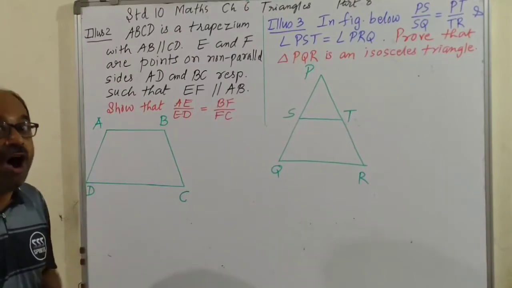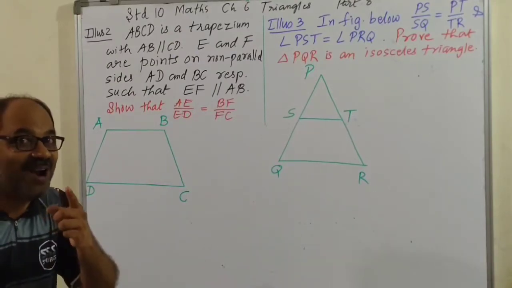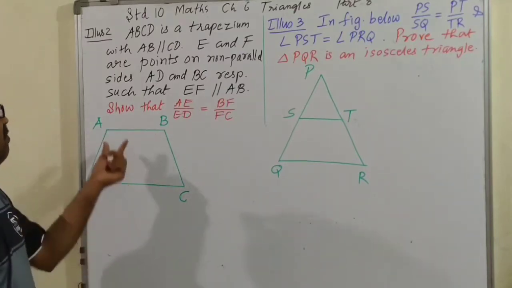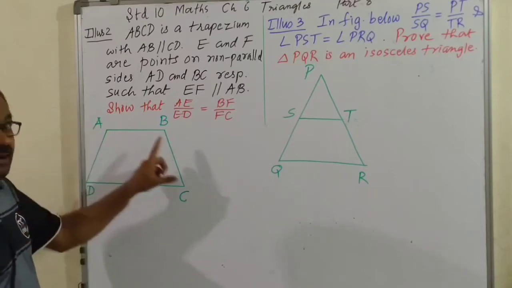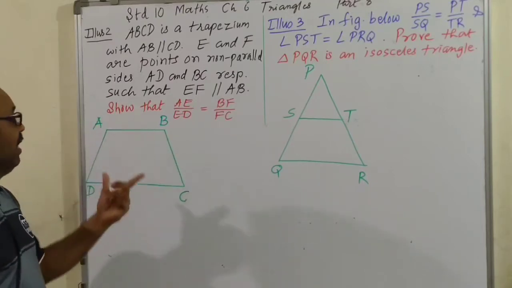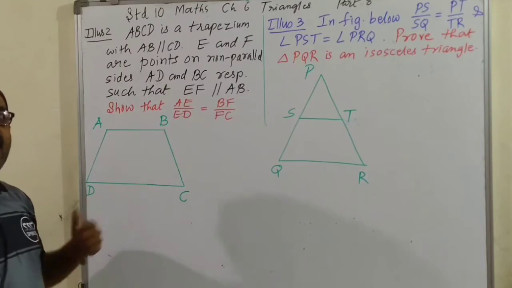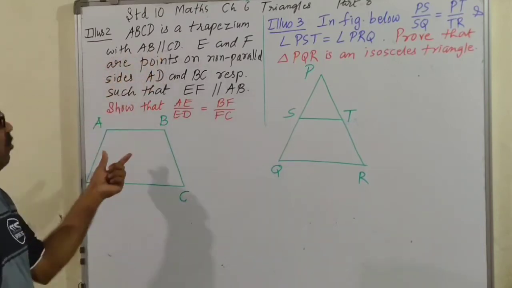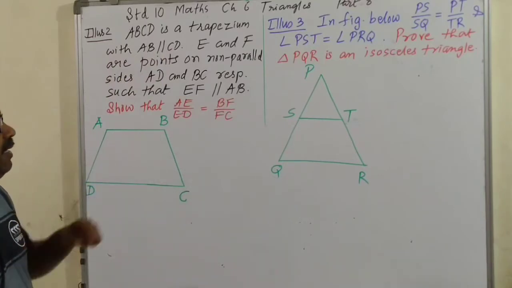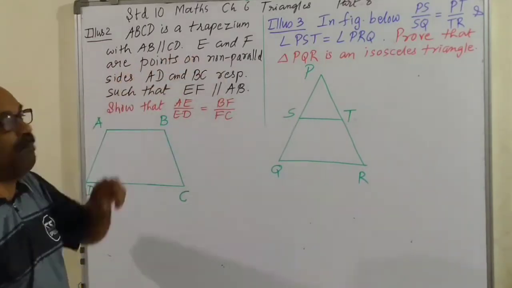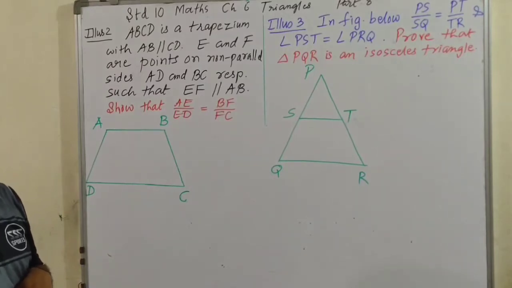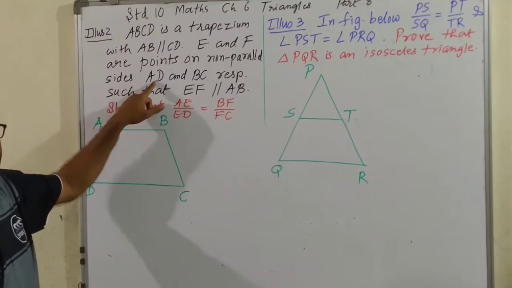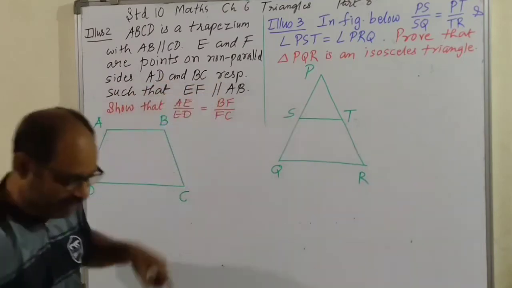Which sides are non-parallel? Yes, AD and BC. And which sides are parallel? AD and BC are not parallel. AB and CD or DC are parallel, with AB parallel to CD. E and F are points on non-parallel sides, AD and BC respectively.